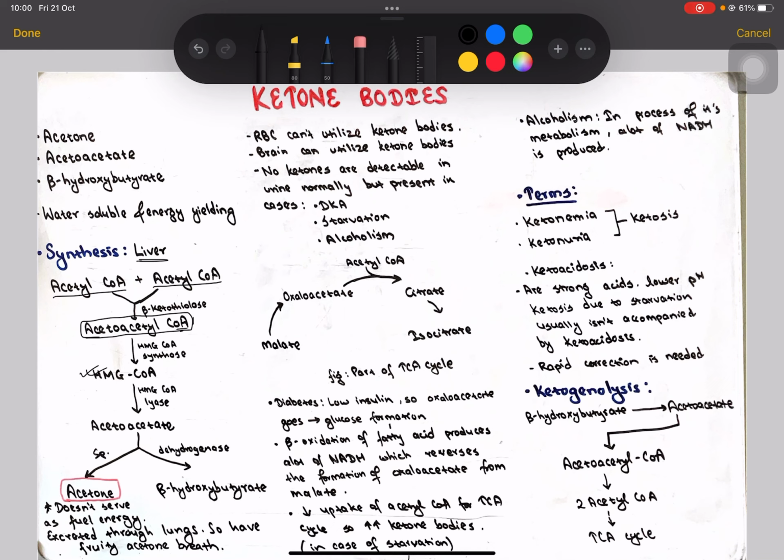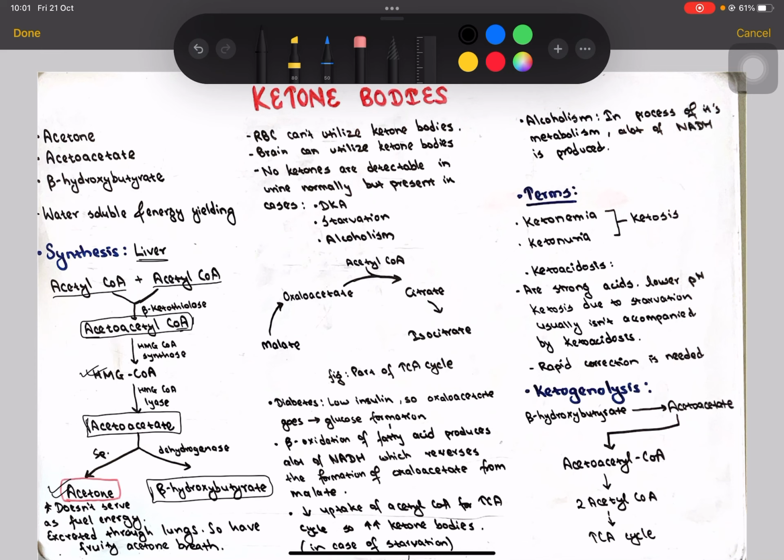Now this HMG-CoA will produce acetoacetate, one component of the ketone bodies, through the enzyme HMG-CoA lyase. Now there will be spontaneous formation of acetone from this acetoacetate, and through the enzyme beta hydroxybutyrate dehydrogenase it will form beta hydroxybutyrate. So this is how ketone body synthesis occurs, and it occurs in the liver.